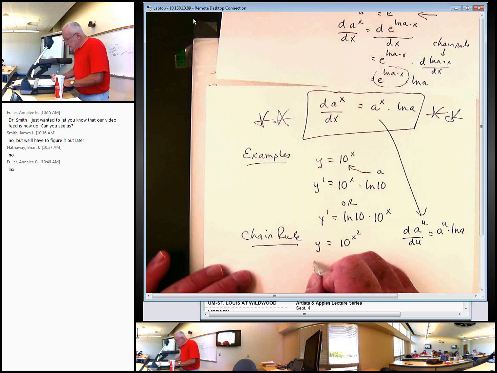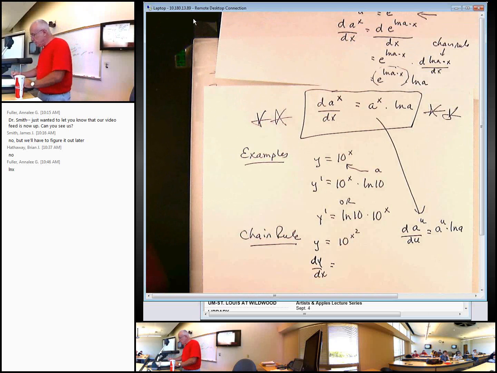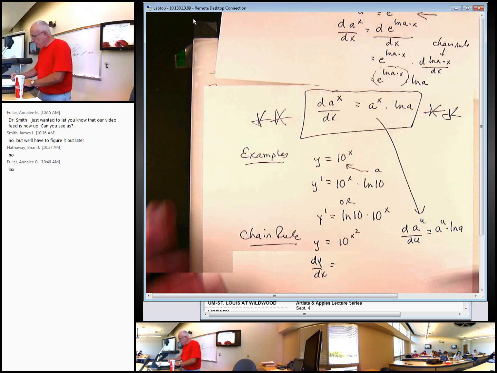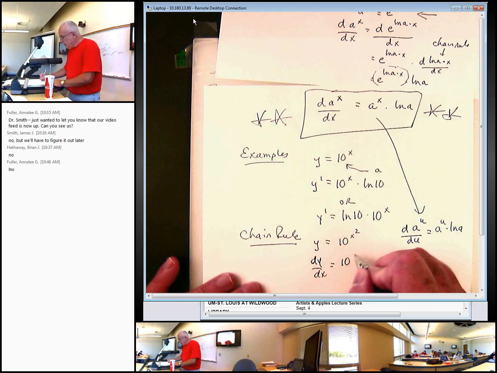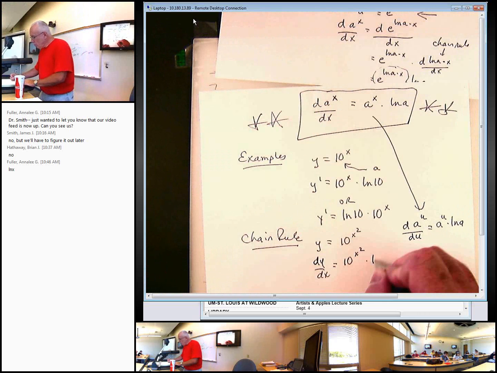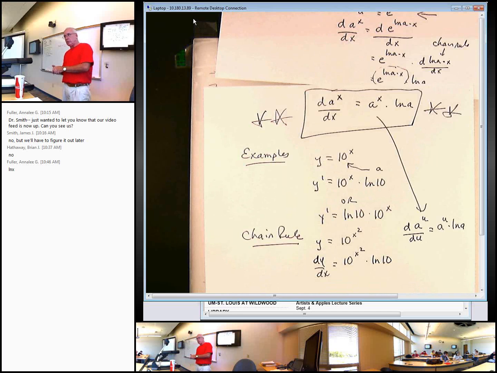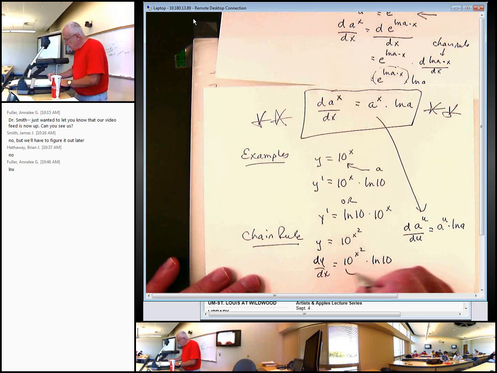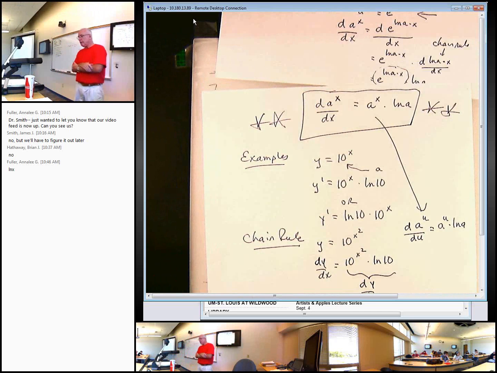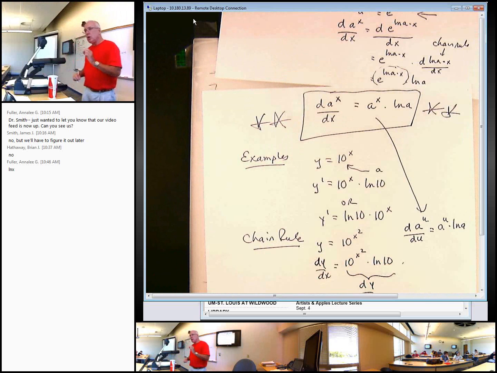So dy dx here is going to first be the derivative: 10 to the x squared power times, remember with our basic formula, we then have to multiply it by the natural log of the base. So this is basically my dy du. But then I have to finish this off with the chain rule.